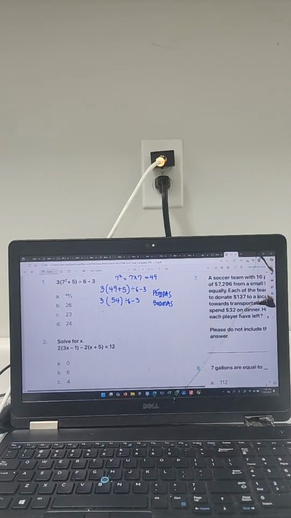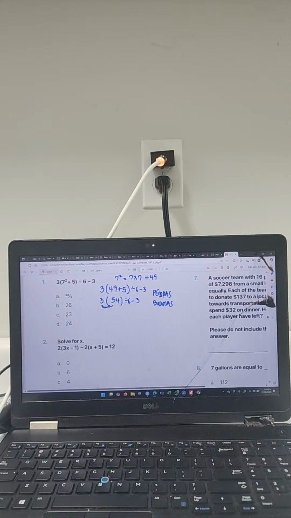So in this case, you can look at this multiplication if you are using PEMDAS. We can multiply 3 by 54. If you multiply 3 by 54, or you decide to divide 54 by 6, it's still going to be the same.